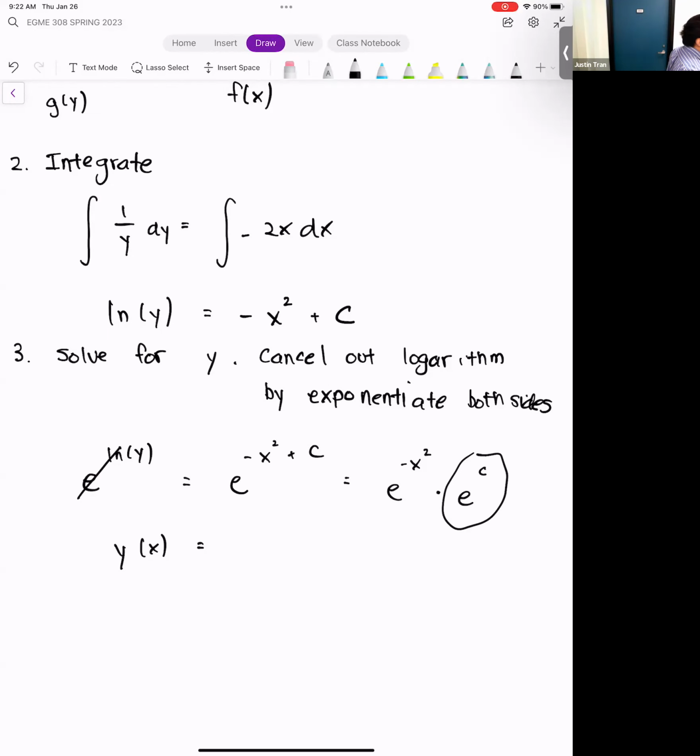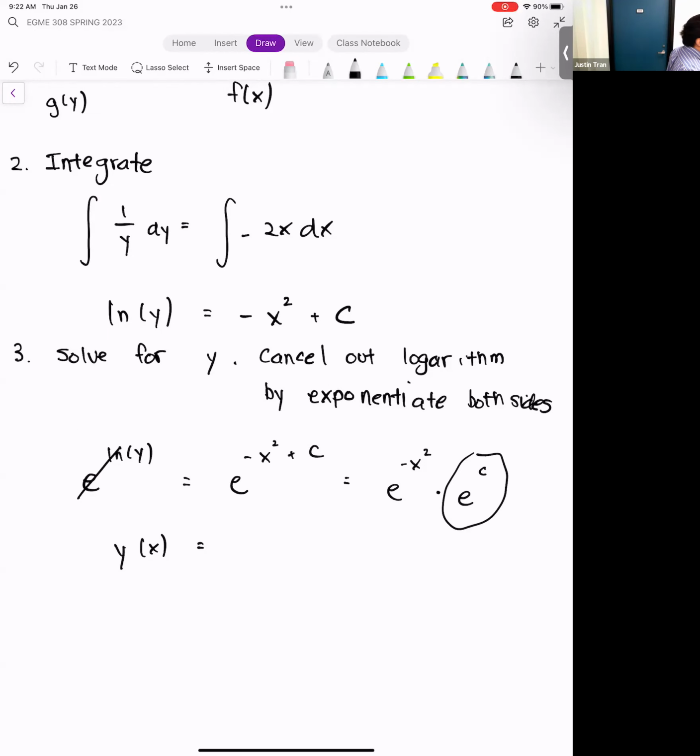So instead of solving for c, let's define a new constant, and we'll just call it a different name just for the sake of clarity. And so we'll call this new constant A. And if we replace it with that A, then it simplifies it a little bit.